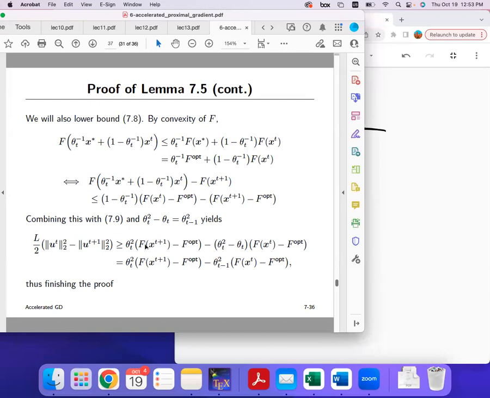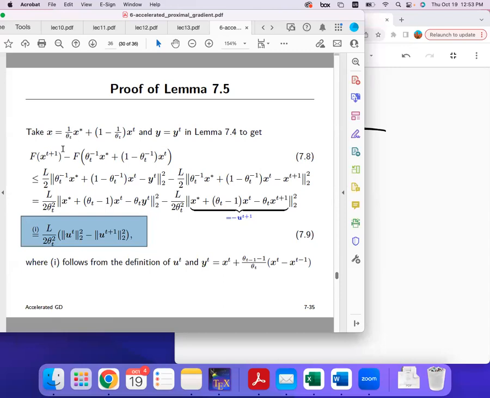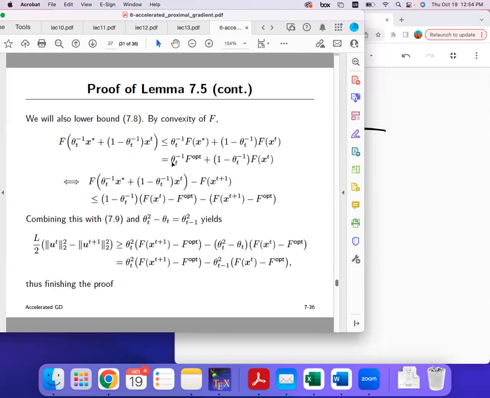Now the next step is to handle this term. This is a bit complicated because it's f evaluated at a convex combination of 2 points. And this reminds us of convexity, because f is convex and inside we have a convex combination. So naturally we can bound this term by convexity. This term by convexity can be upper bounded by the convex combination of these two function values.